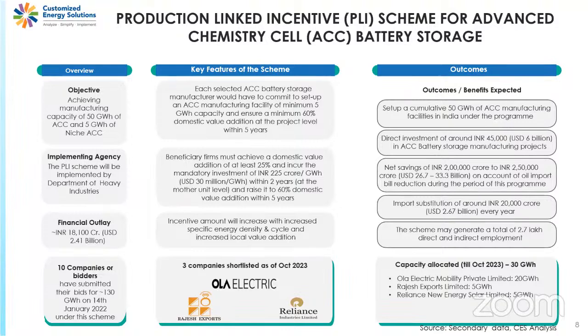Now what would happen to the remaining 20 gigawatt-hour? The government decided to split it into 5 each, and the bids have been opened again to auction it off.